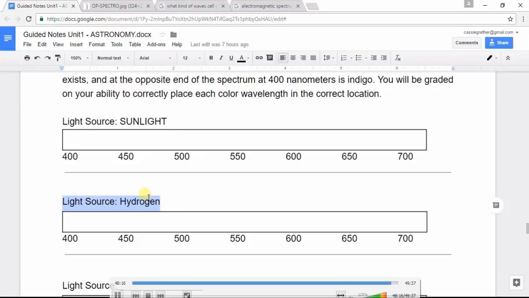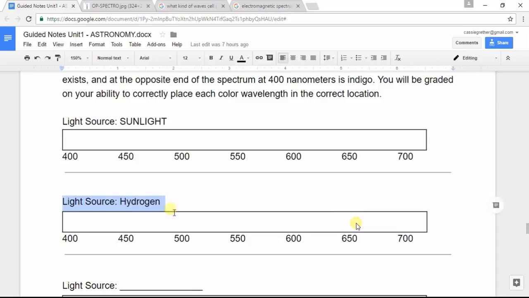Alright, so on this assignment, if you should get so far as to take all of your observations of the light and you get them drawn in properly, you are going to go on to answer the questions. You will not go past question 4, however.